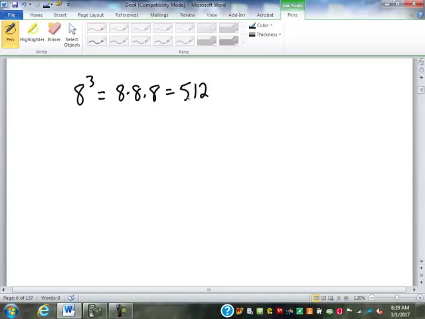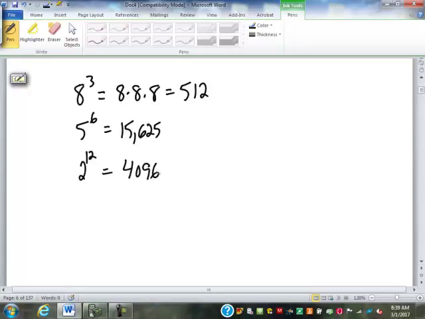Okay. So I'm going to have you try some on your calculator. 5 to the power of 6. Nice try. How about 2 to the power of 12? Good job. Okay.